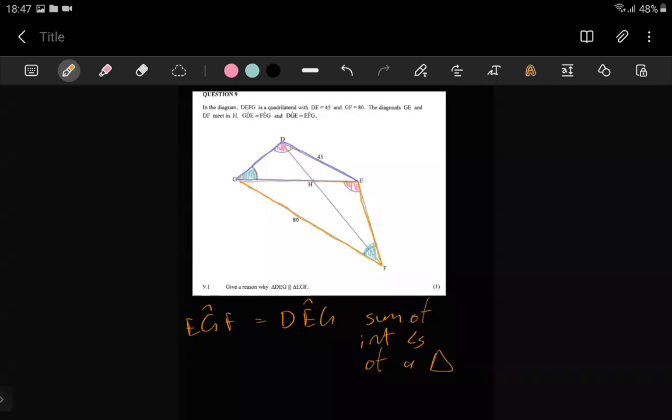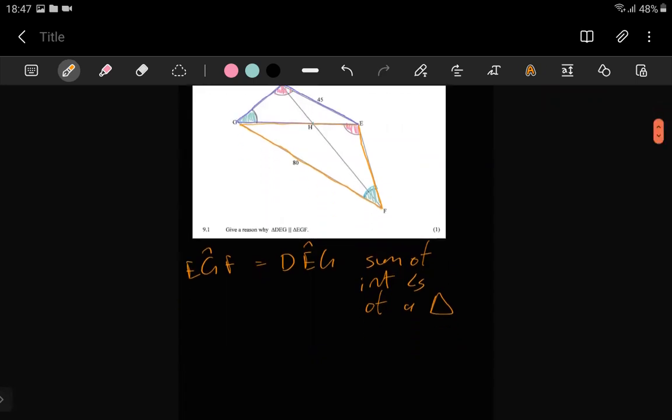That's the reason why those two angles are equal. The other two pairs being equal, they gave that to us. So we're just carrying on from what has been given, meaning that the last thing we can then say is therefore triangle DEG is similar to triangle EGF.